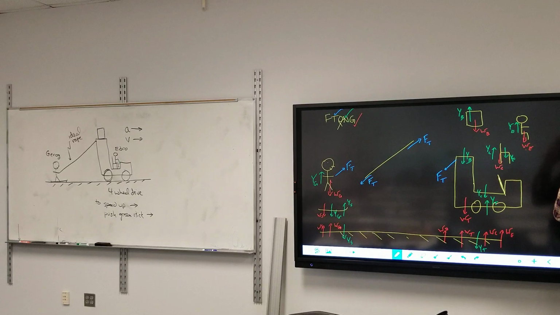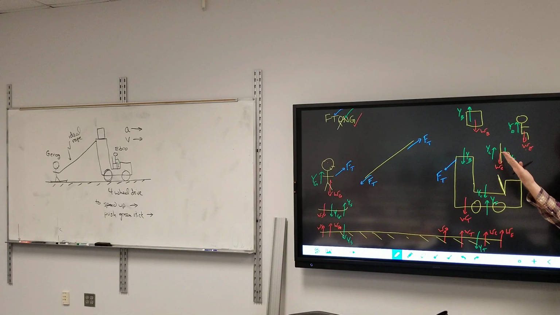Math term. Normal. You can check your notes real quick. I'm hoping it's in there. Parallel? Perpendicular? Perpendicular, yeah. Normal means perpendicular, so if you have a normal force going horizontally, where's the perpendicular?